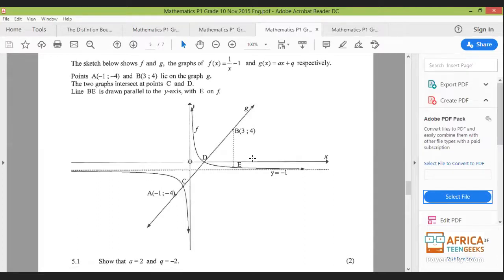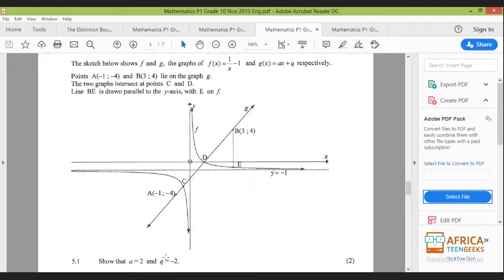Now the examiner is asking, it says to us, show that a equals 2, right? And q equals -2. So basically, they're talking about this a in g(x) of a straight line. So basically, this is the grade 9 stuff.